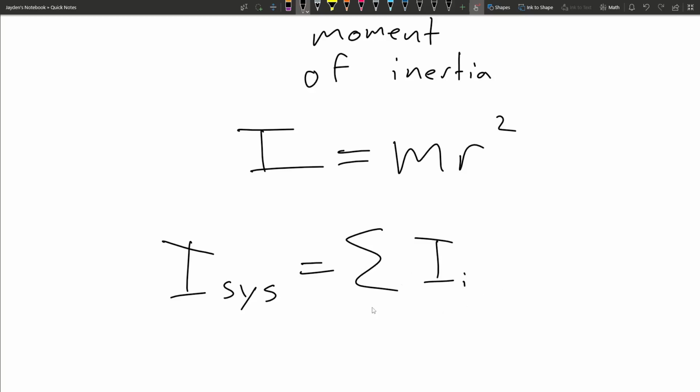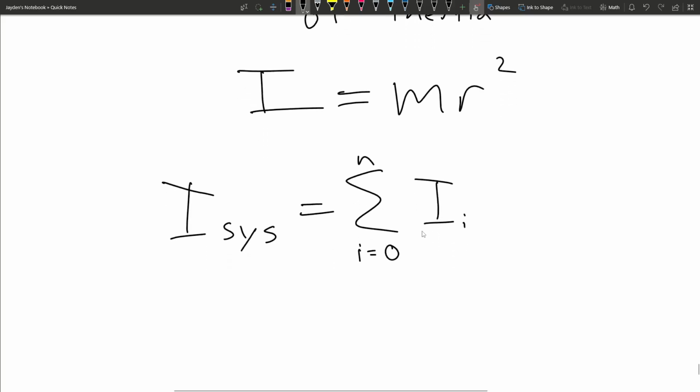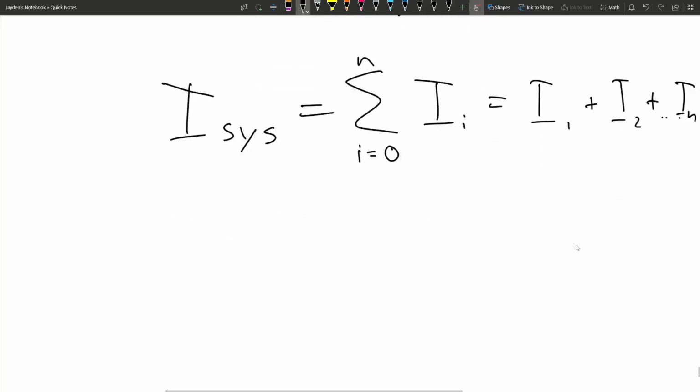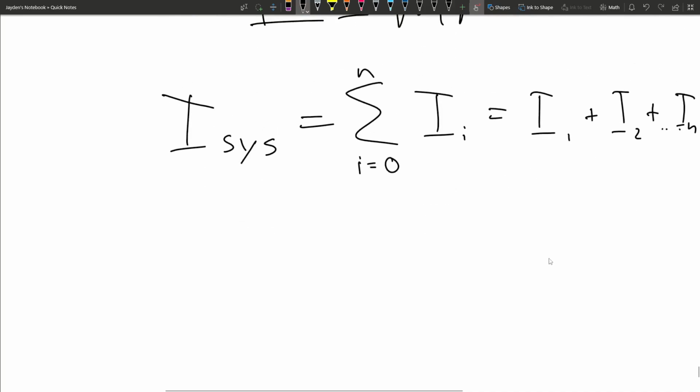The sigma notation for this would go from the first particle to n, so it would be equal to I1 plus I2 plus dot dot dot I to the nth. Now let's get down to the big stuff, which is the sum of m_i r_i squared.